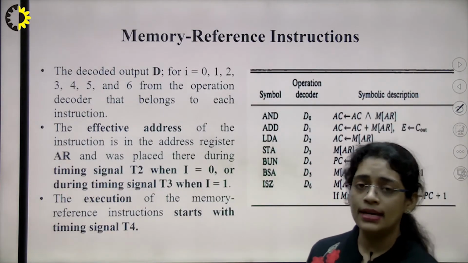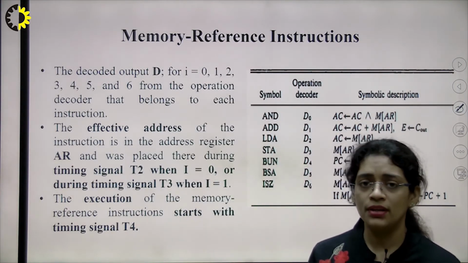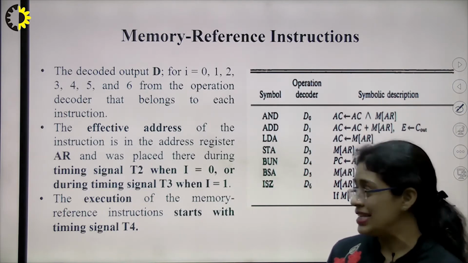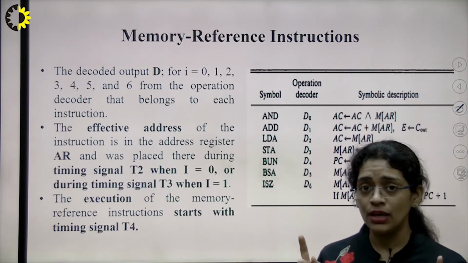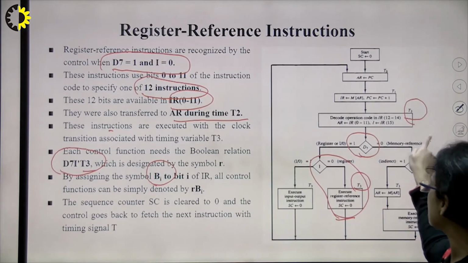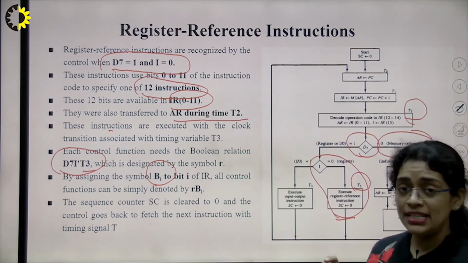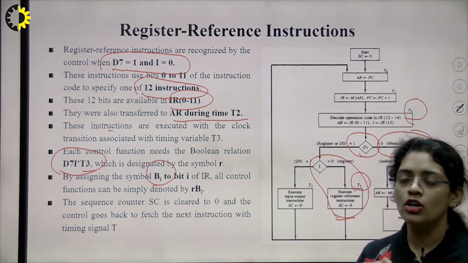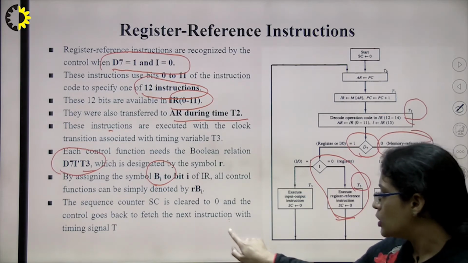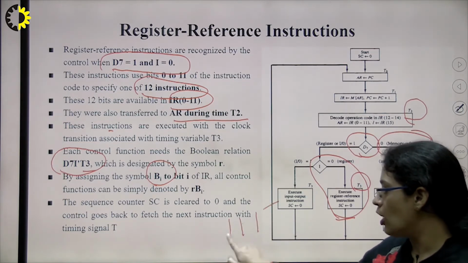Now similarly, the second category of instruction is the memory reference instruction. For a memory reference instruction, the condition we have seen in the flowchart is that D7 should not be 1. That means your 12th to 14th bit should not be 1.